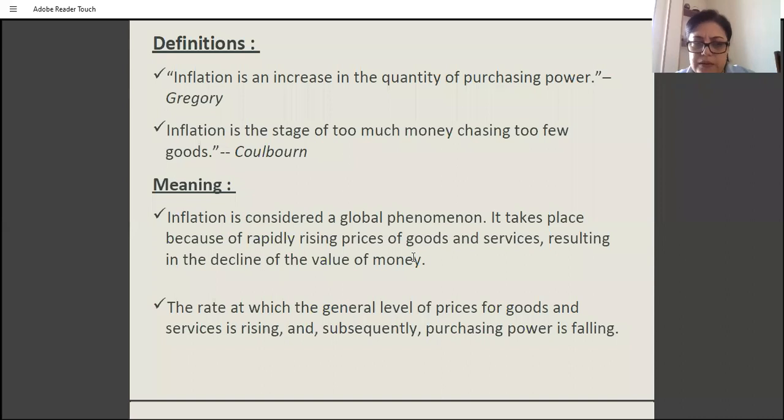So the meaning of the second approach is that the rate at which the general price level for different goods, commodities and services is rising, and as a consequence, the purchasing power of money, of paper money, goes down. It's falling.